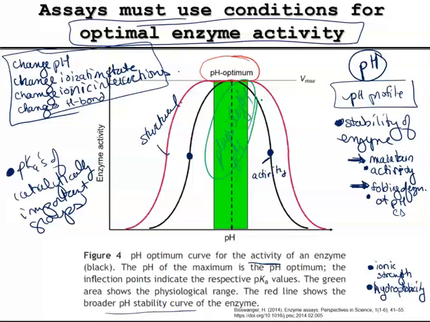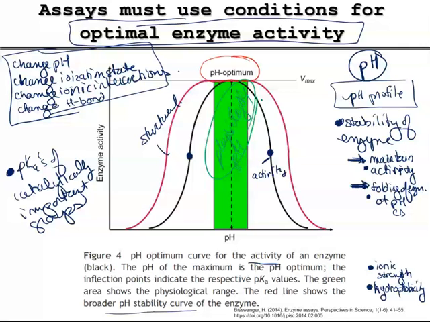But even within a cell, we have different pH profiles for enzymes that are found in different cellular compartments. If I can find it, I'll pull up the picture for you.